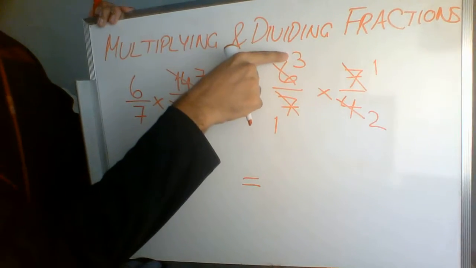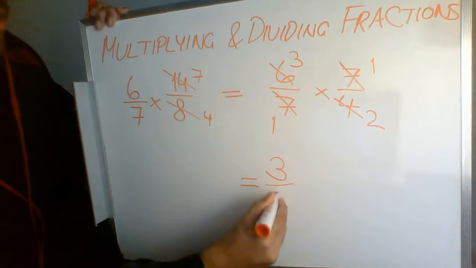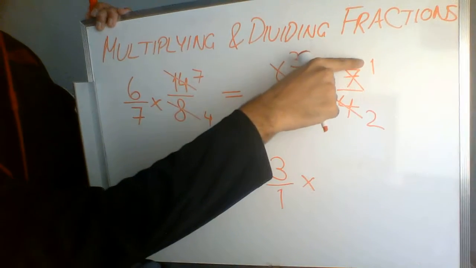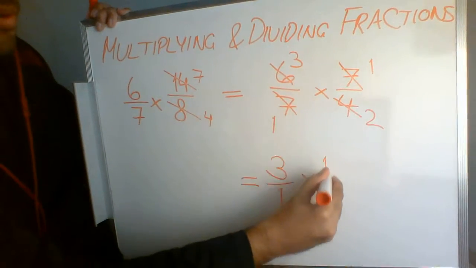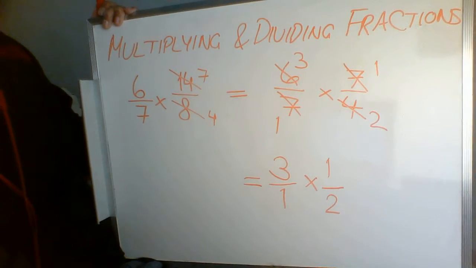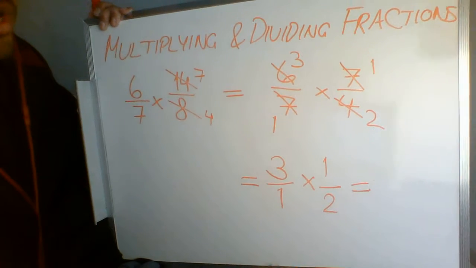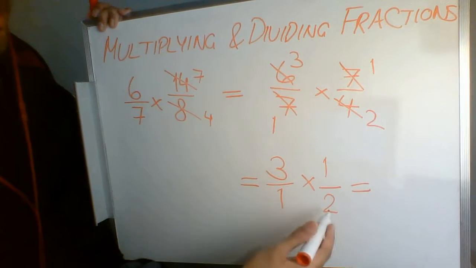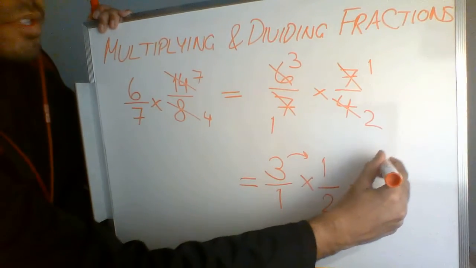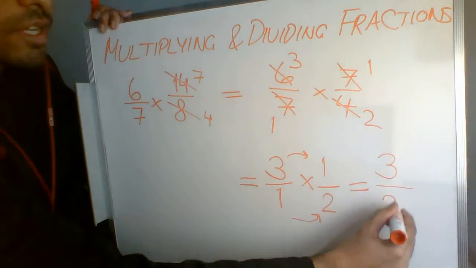First fraction has become 3 on top, 1 on the bottom, so that's 3 over 1 multiplied by our second fraction, which has become 1 over 2. And then when you do that multiplication, it's just straightforward: numerator times numerator, denominator times denominator. 3 times 1 is going to give us 3, and 1 times 2 is going to give us 2.